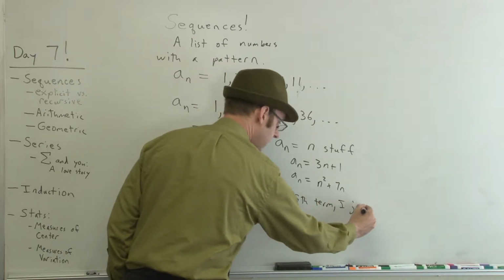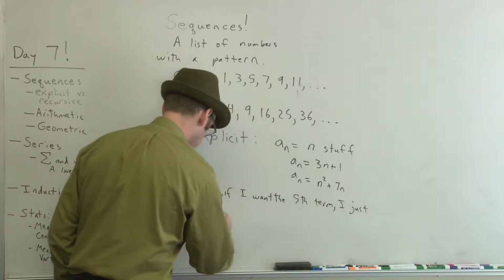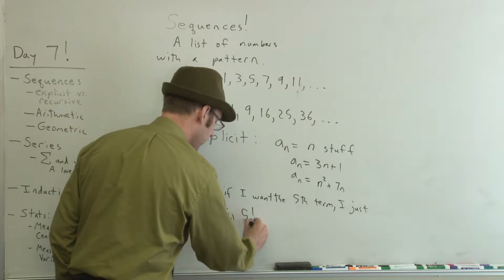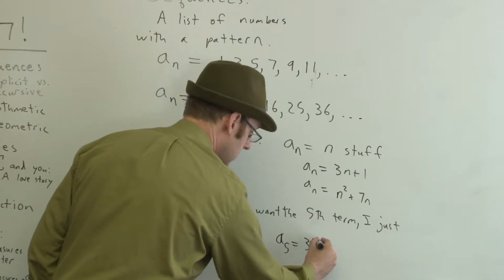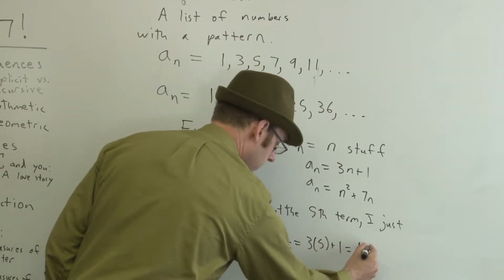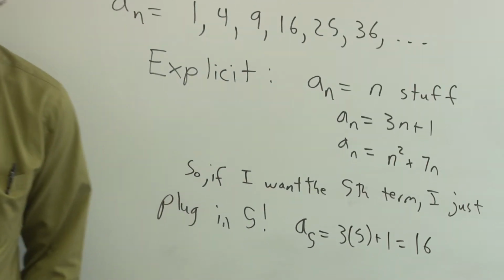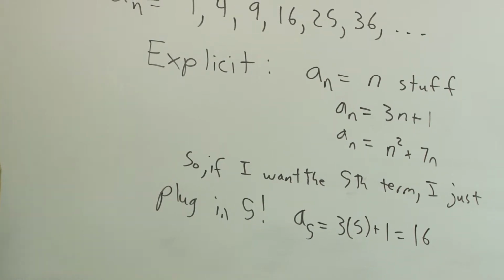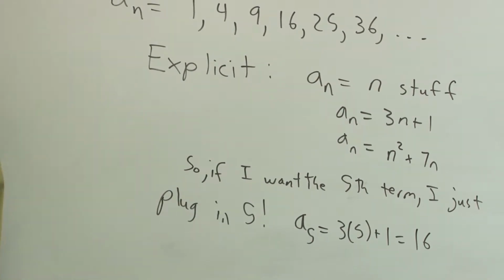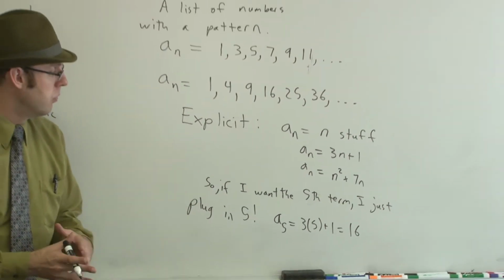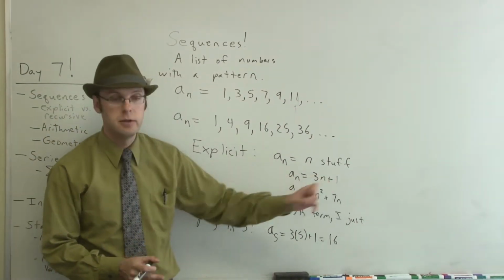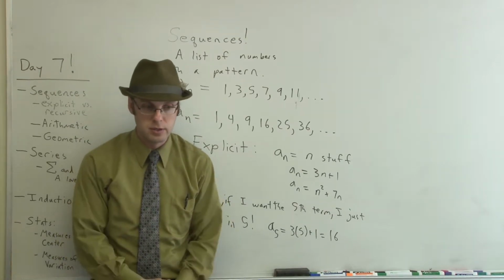And it's that simple. So the 5th term of this top sequence is just 3 times 5 plus 1. It's just 16. So explicitly defined sequences are great. We can find the 400th term right away. I just plug in 400, and that's where my 400th term is.